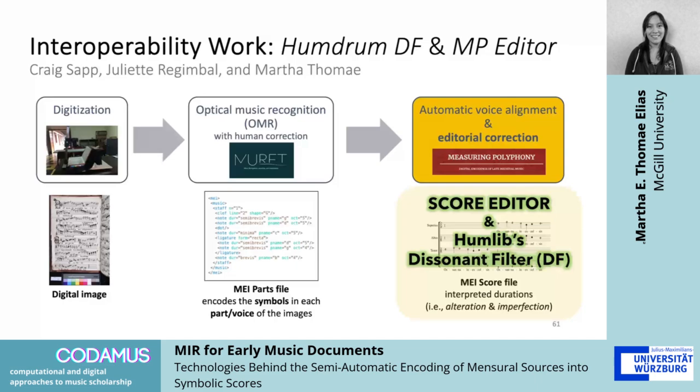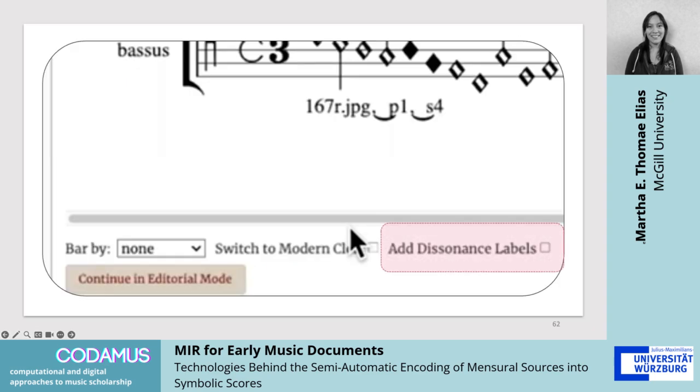If there was any way to facilitate the detection of these scribal errors. So for that, I work with Craig Sapp, who works on Humdrum, and we try to use these music analysis tools from Humdrum. Humdrum has a nice dissonance filter that labels the dissonances on a piece for you. So we integrated that into the Measuring Polyphony Editor.